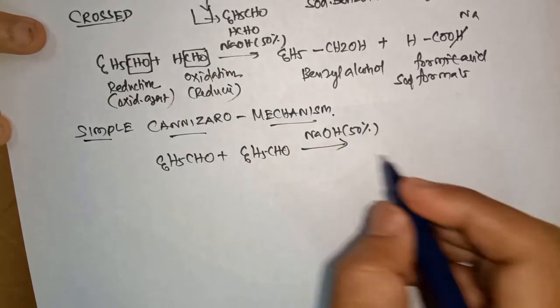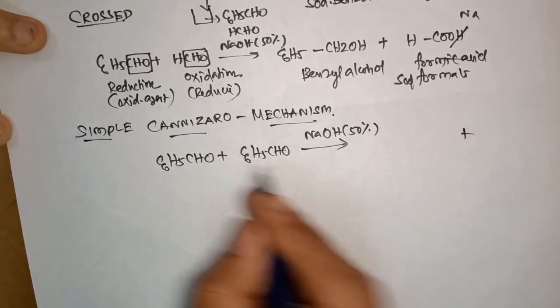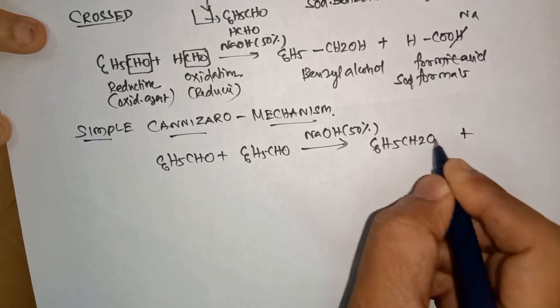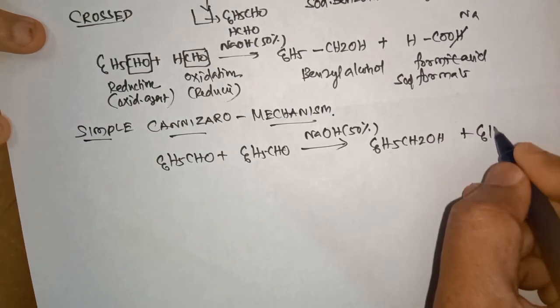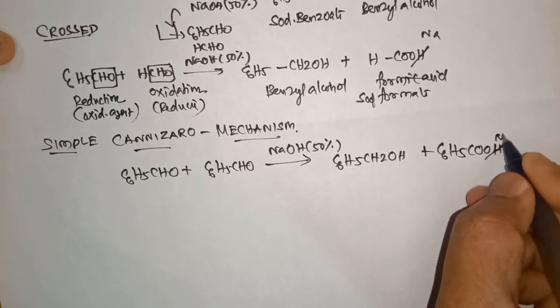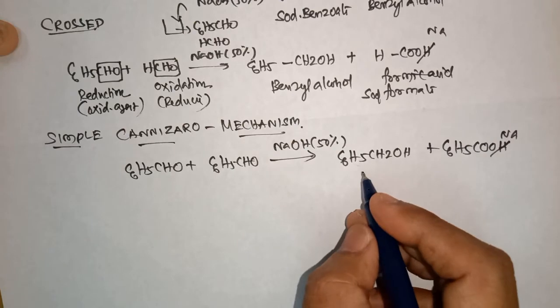One is undergoing oxidation and becomes acid. The one undergoing reduction becomes alcohol. It is primary alcohol, benzyl alcohol, plus C6H5COONa, sodium benzoate. You all know this is benzyl alcohol.